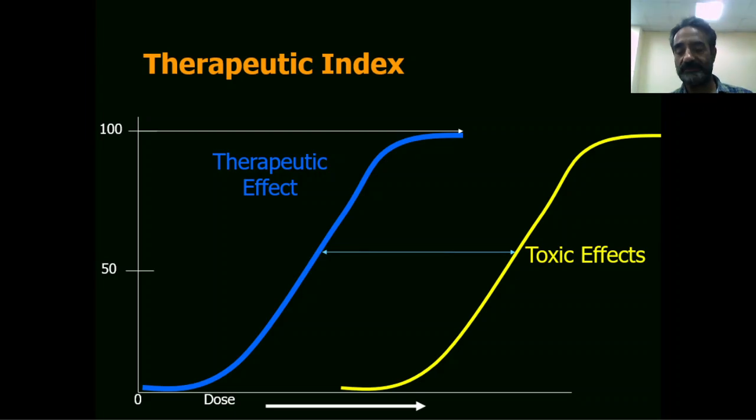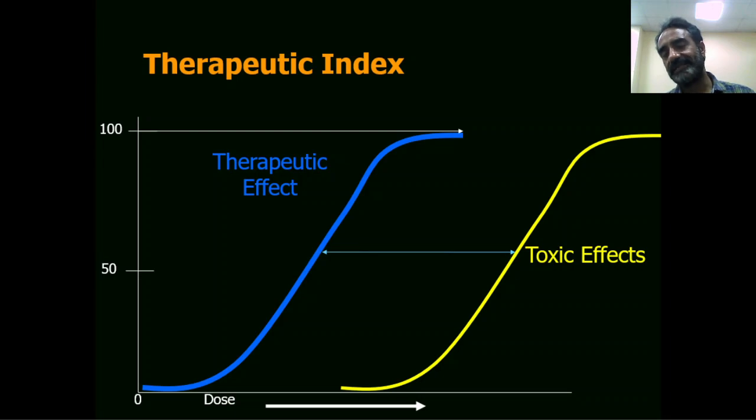It is given by this equation, ED50 divided by TD50. That means effective dose 50 divided by toxic dose 50. That ratio gives us the therapeutic index. It is also sometimes defined as LD50 divided by ED50. LD50 means lethal dose.